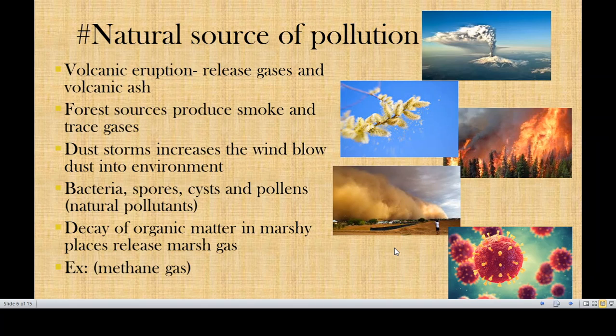Now, when we are discussing natural pollution, like I said, it can be a volcanic eruption. The release of gases or volcanic ashes is one of the major factors which can have a major effect on human health, especially on the lungs, because there is a complete emission of sulfurs and nitrogens.